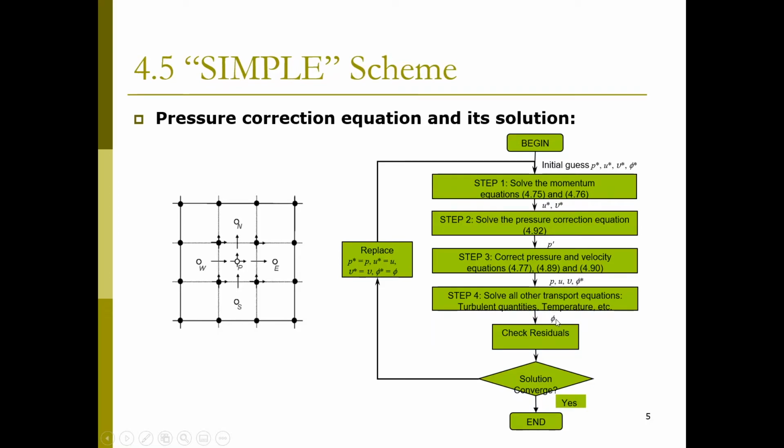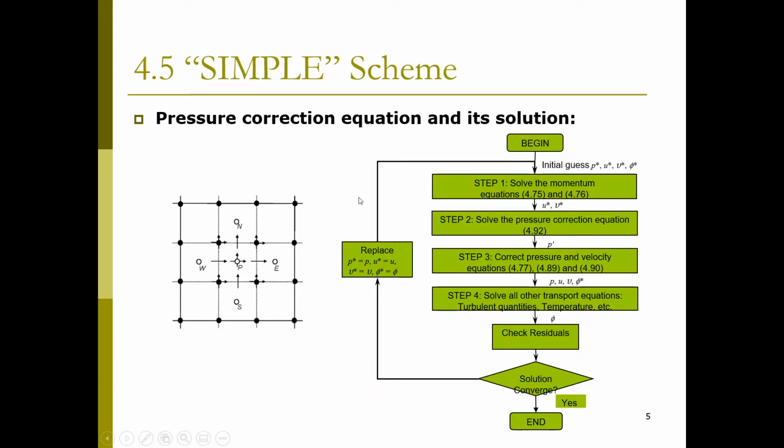And then we obtain the correct properties. And then we will check for the residuals. If it is very far away from the correct value, we will assume that it is not converged. So for convergence, usually we have these conditions where if it doesn't reach a certain threshold, we will say that it is not yet converged.